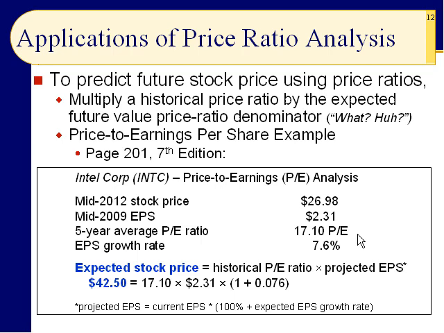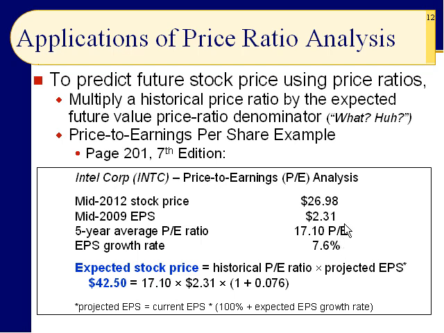Now, the analysts believe that the growth rate is 7.6% for the next year. They believe that next year, a year from mid-2012, the earnings per share will have grown by 7.6%. So that $2.31 will have grown by 7.6%.